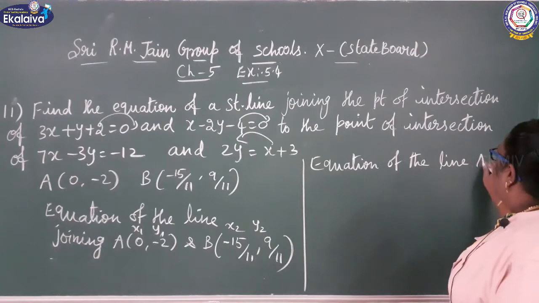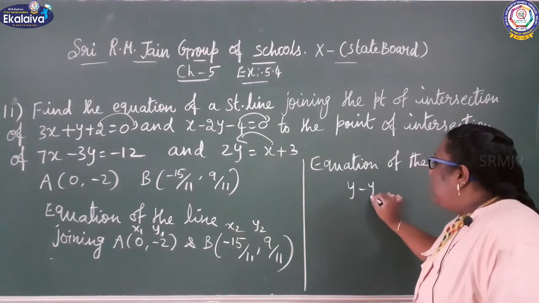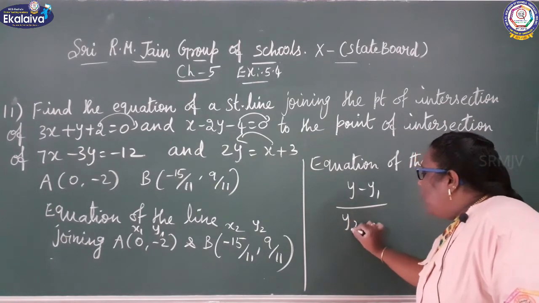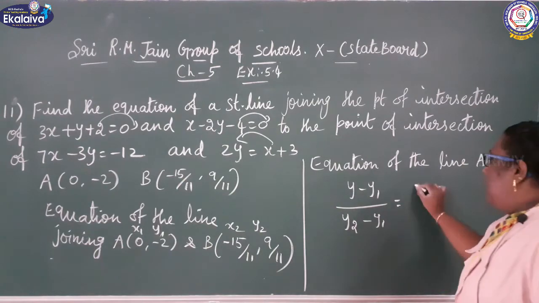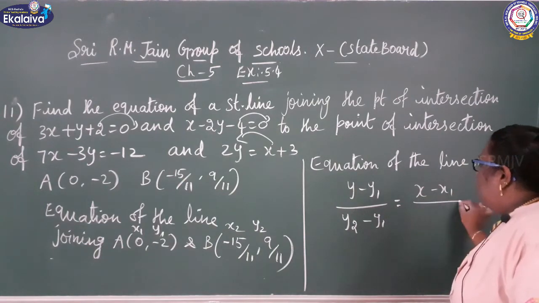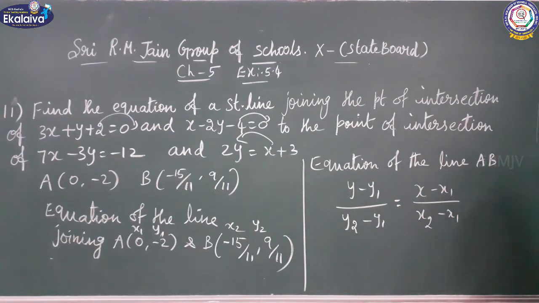Line AB, what is the formula? Y minus y1 by y2 minus y1 equal to x minus x1 by x2 minus x1.